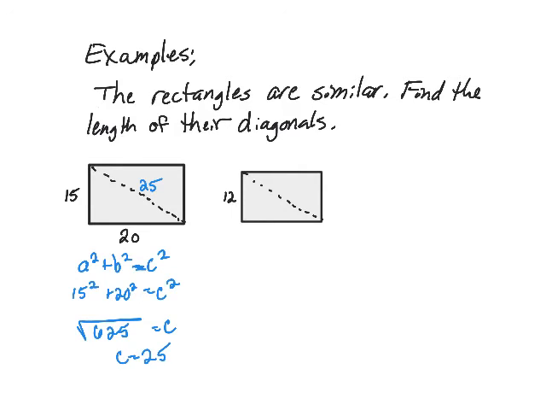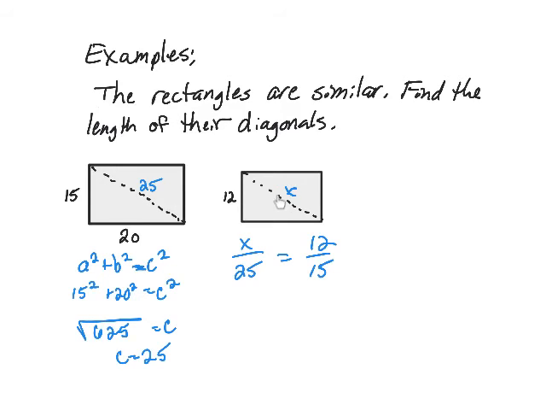Now you don't have to do the same thing over here because, like I said before, corresponding dimensions are going to be in proportion if the two figures are similar. So if I'm trying to find x, x over 25 is equal to 12 over 15. That's one way to set it up.